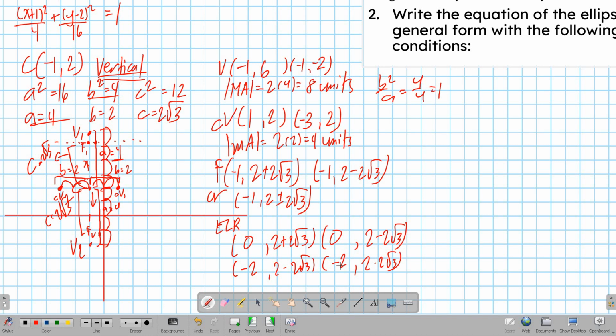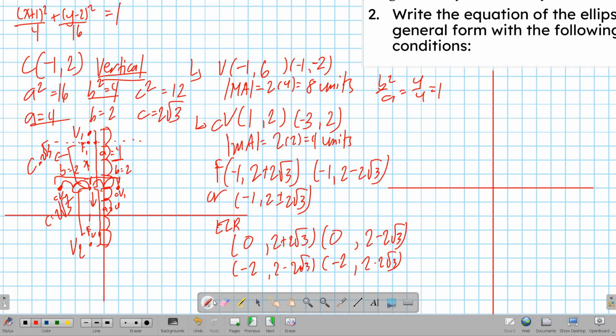And although the graph is a bit difficult to sketch, we have our vertices and co-vertices to help us, because it's kind of difficult to graph the foci and the ELRs. So if we're going to graph this, let's just have this here, and 1 would be here. Here we go.